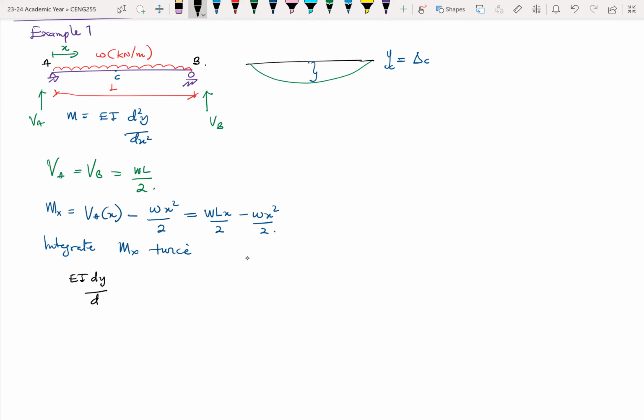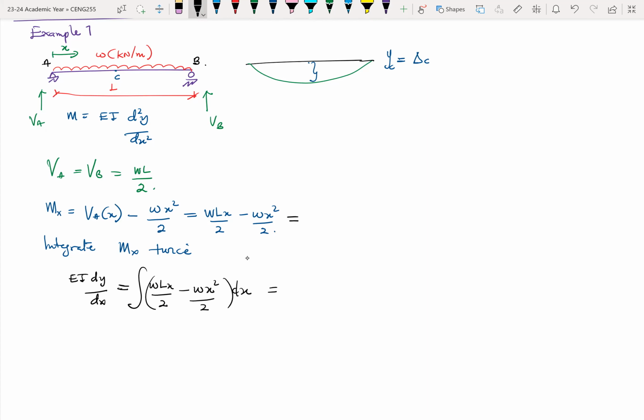So with the first integration, it becomes EI dy/dx equal to the integral of WLX over 2 minus WX squared over 2 dx. Let me simplify.